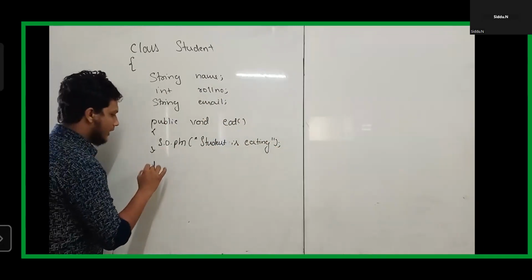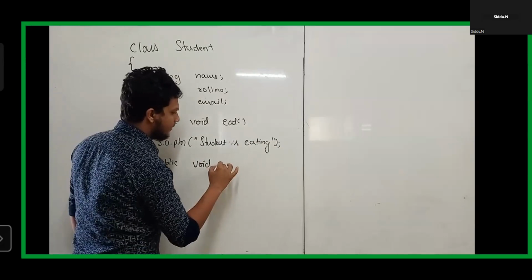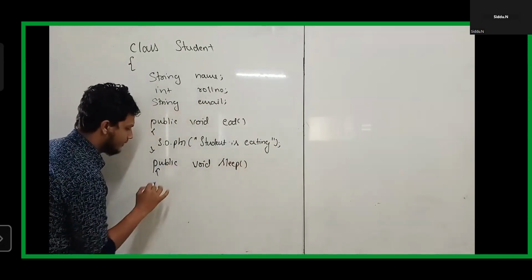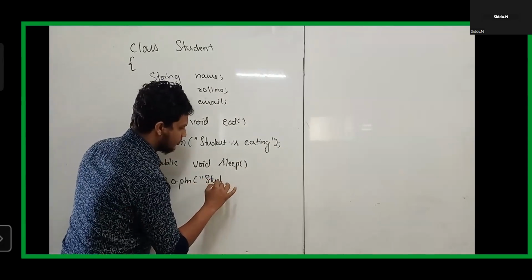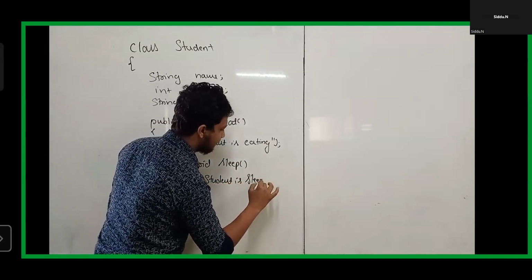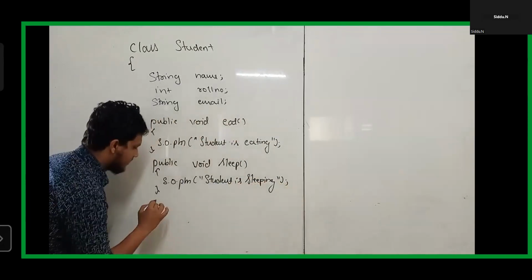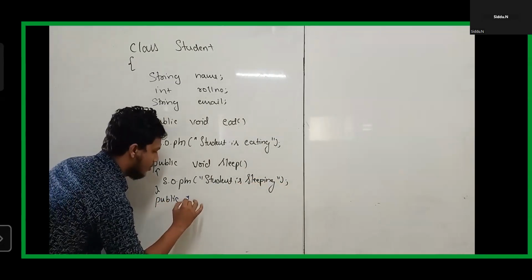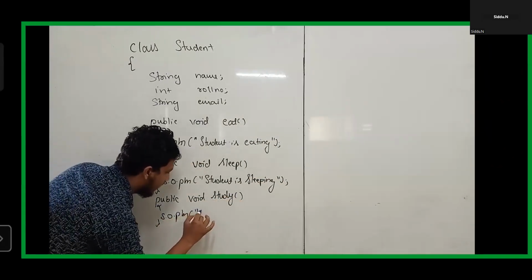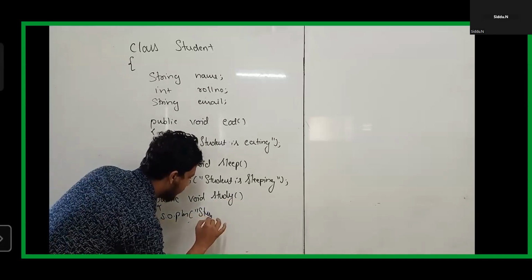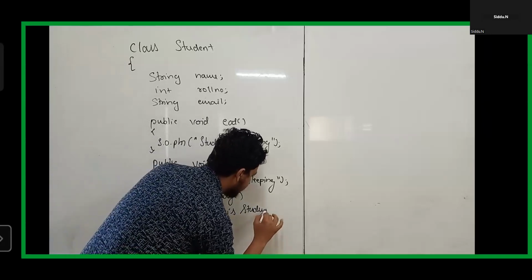Next, I'll create one more method, public void sleep, and inside it System.out.println("student is sleeping"). Next, public void study, with System.out.println("student is studying"). And I'll close the class.